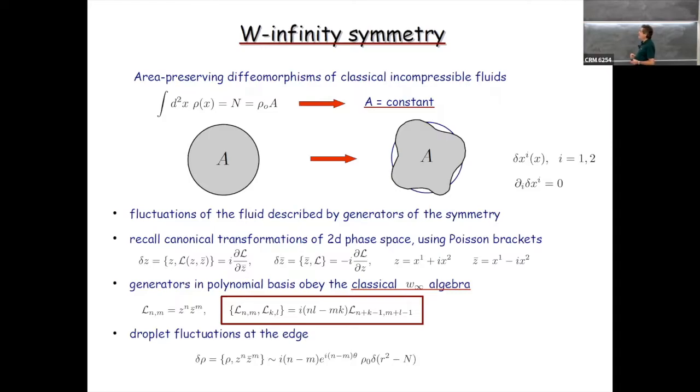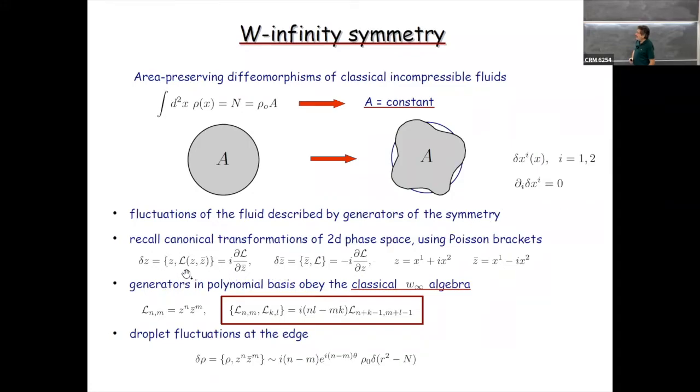If you consider x and y like coordinate and momentum, a canonical transformation is exactly an area-preserving diffeomorphism. That means that I can realize it in terms of Poisson brackets, like this. In fact, this is a way to rewrite this condition, okay?